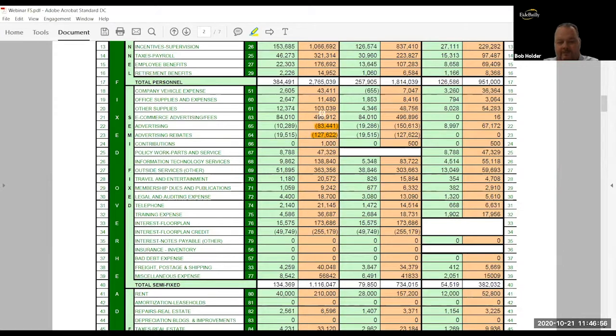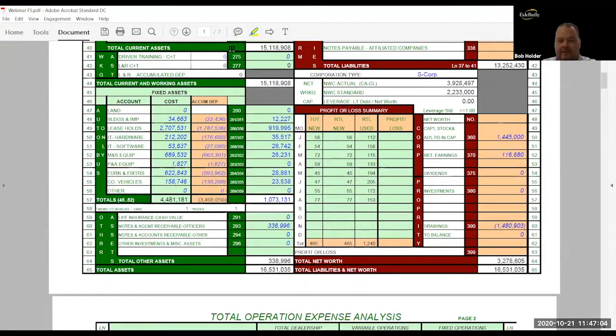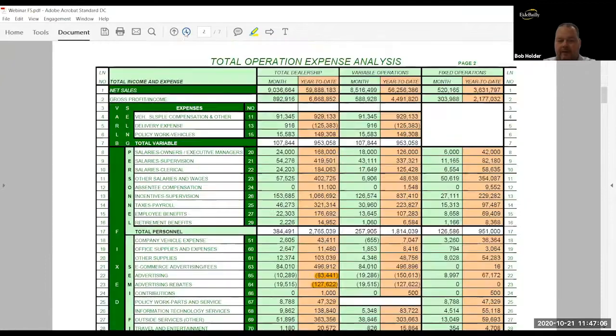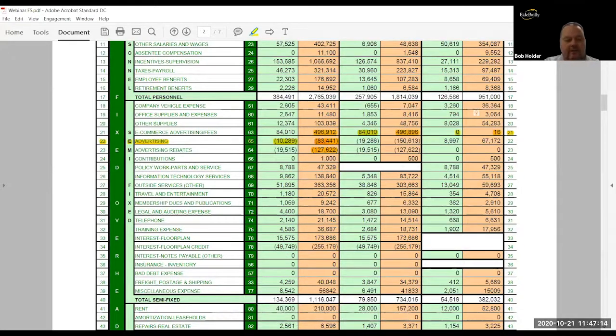One of the things I like to do with advertising is take the net number, figure out how much per unit you are spending, and compare it to what the industry averages are. You could just take this whole net number, but as far as presentation goes, I would prefer to see all the credits in this account.